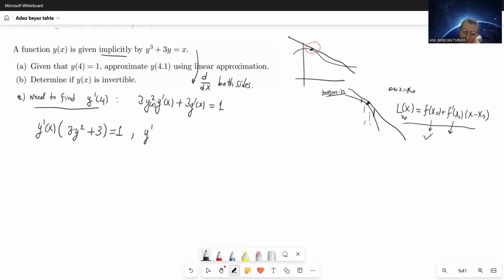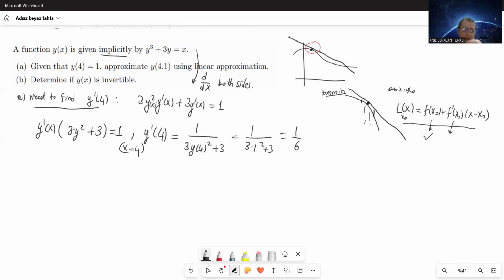Or let me just evaluate at 4, which is equal to 1 over 3y(4) squared plus 3. So which is 1 over 3 times 1 squared plus 3. It should be 1 over 6.